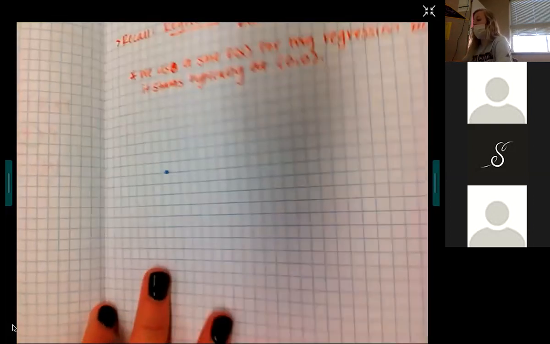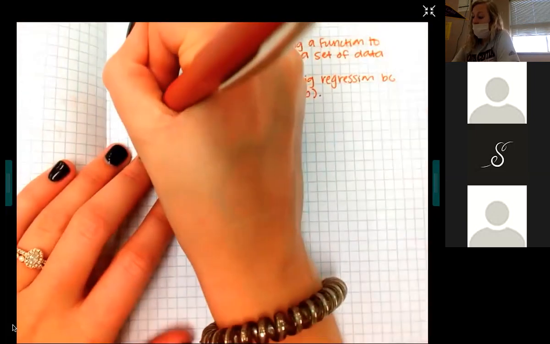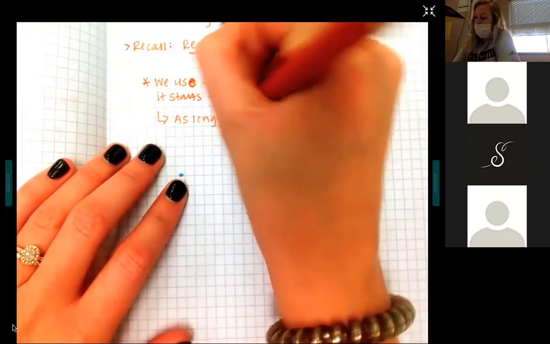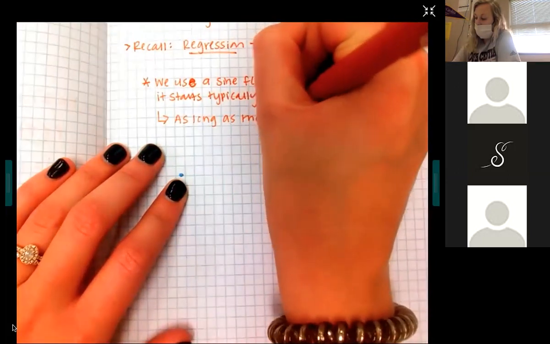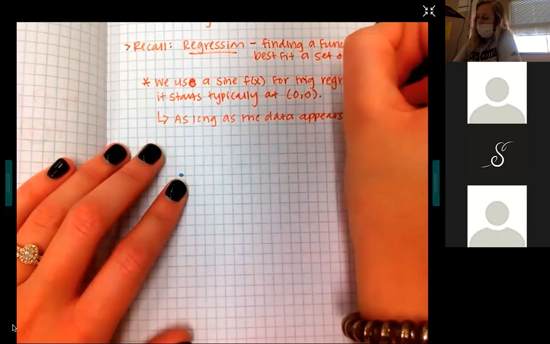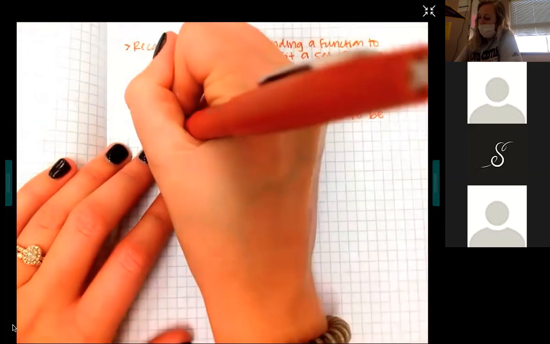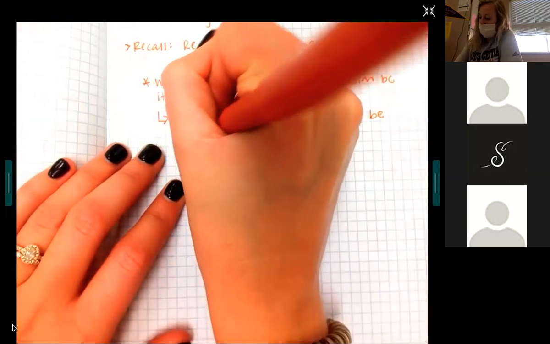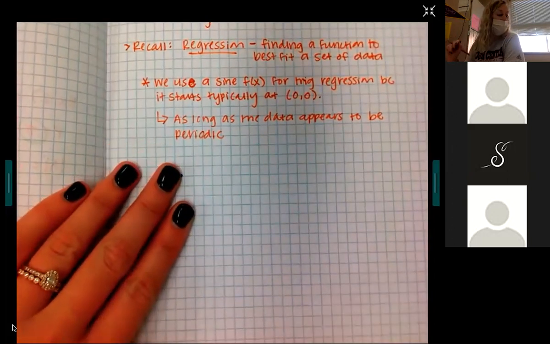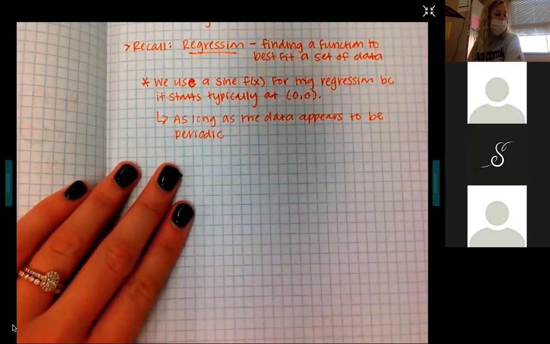I do want you to write this down. As long as the data appears to be periodic, I told you these are the only notes. We're about to write down steps and we'll be done with notes and I'll just do examples.